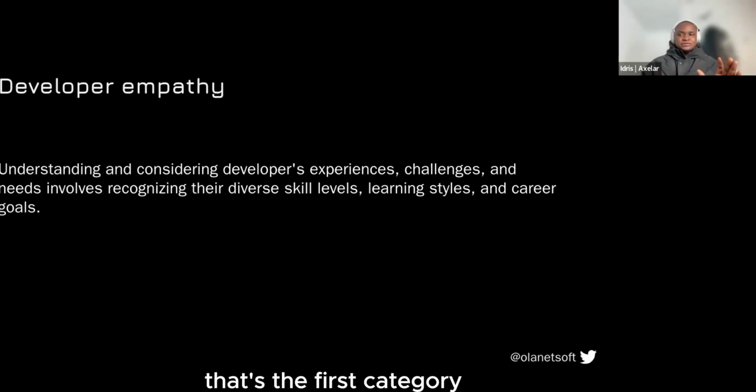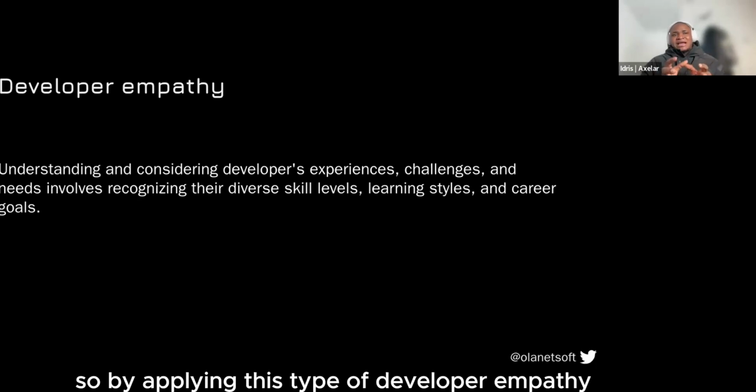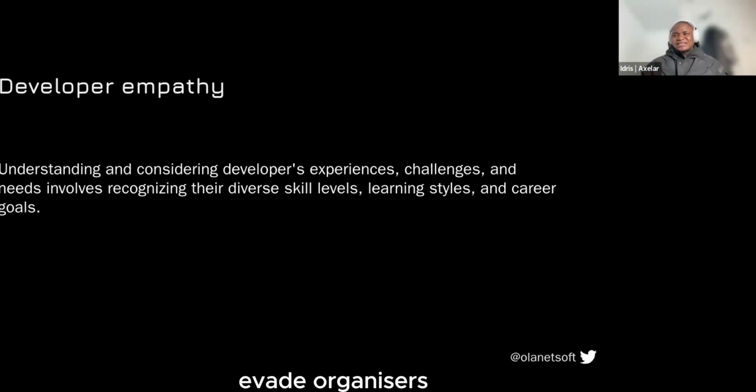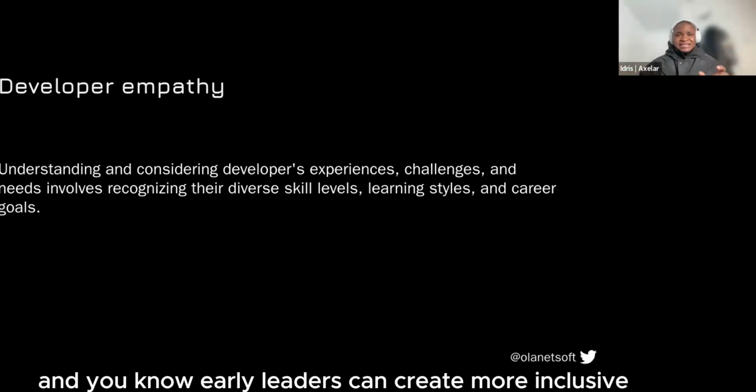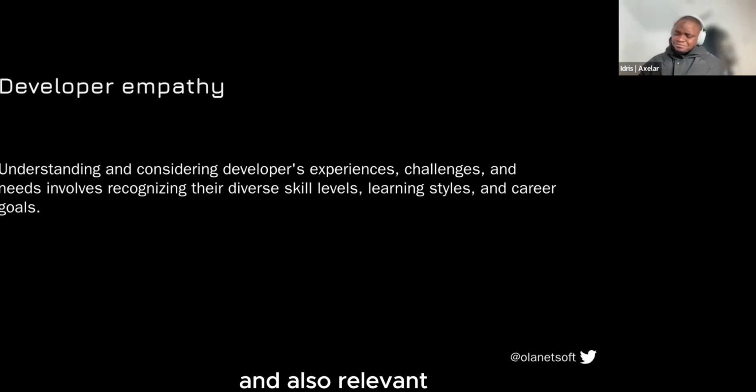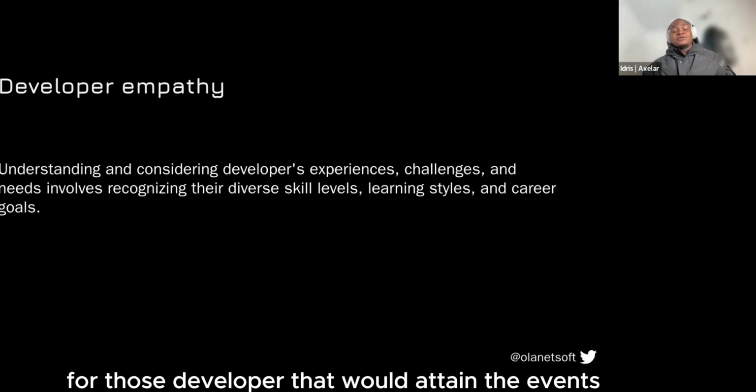That's the first category. By applying this type of developer empathy, event organizers and community leaders can create more inclusive, relevant, and engaging experiences for the developers who attend their events.